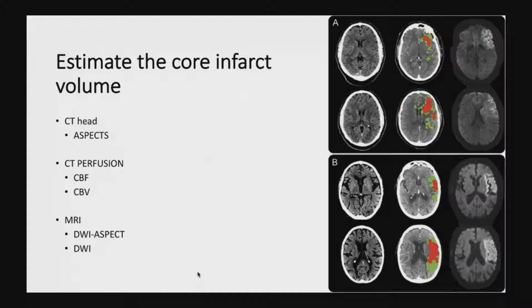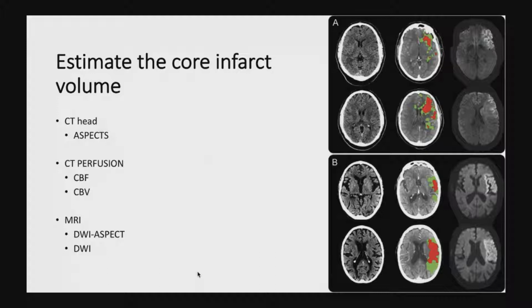So they developed this scoring system, which basically divides the MCA territory into 10 different points, and for every one of these areas, if it's abnormal, we deduct a point, and that's how we come up with the score. So a normal score would be a 10 out of 10, and as we deduct those points, we get a scoring system.